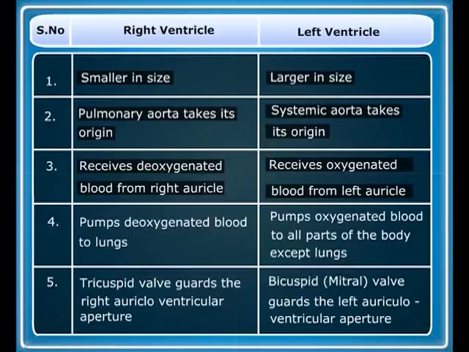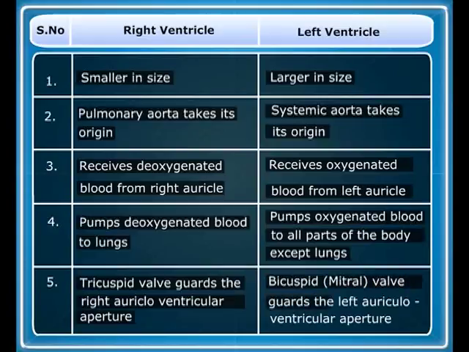The right ventricle pumps deoxygenated blood to the lungs, whereas the left ventricle pumps oxygenated blood to all parts of the body except lungs. In the right ventricle, the tricuspid valve guards the right auriculoventricular aperture. In the left ventricle, the bicuspid or mitral valve guards the left auriculoventricular aperture.